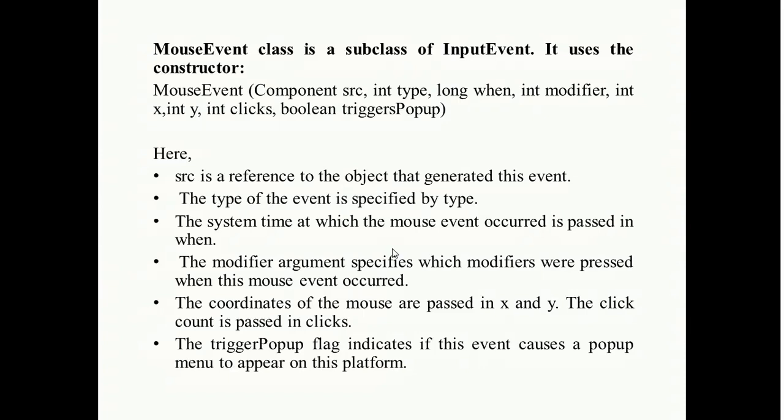The parameter int clicks is the click count. The triggersPopup flag indicates if this event causes a pop-up menu to appear on this platform. This is the constructor of the MouseEvent class.